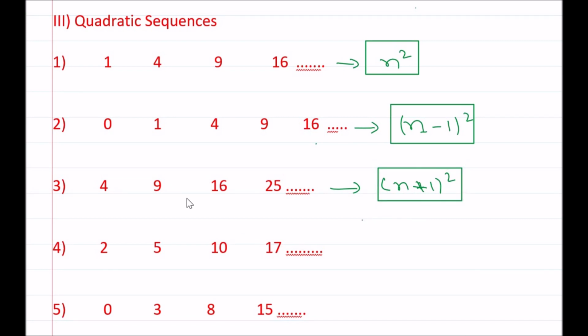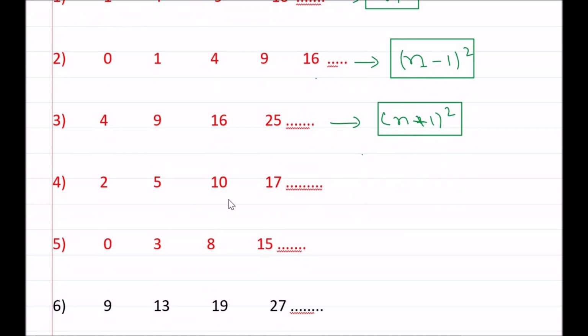Let us take the next one. 1, 2, 5, 10, 17. Here a sequence is given. If you observe, write here the square numbers 1, 4, 9, 16, and so on.